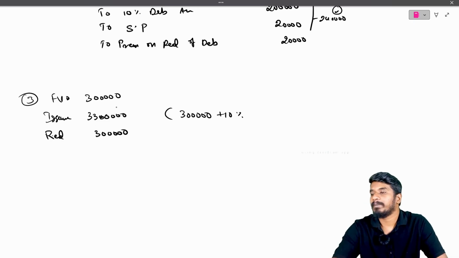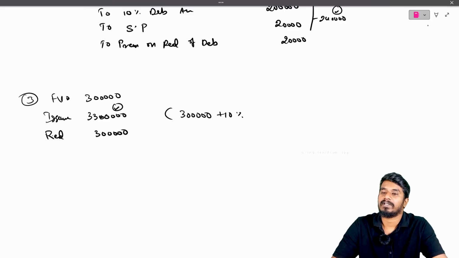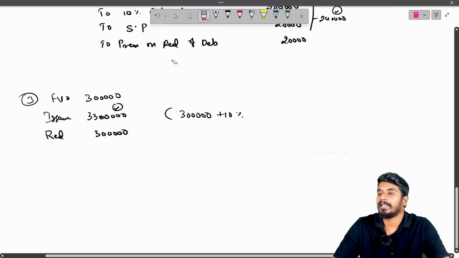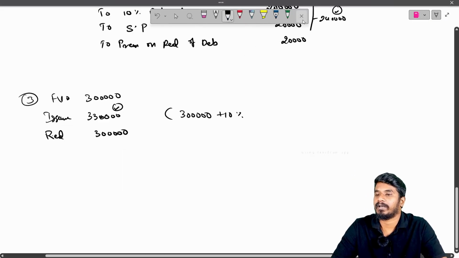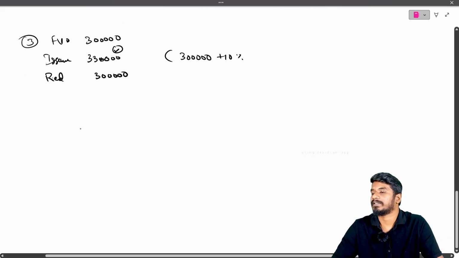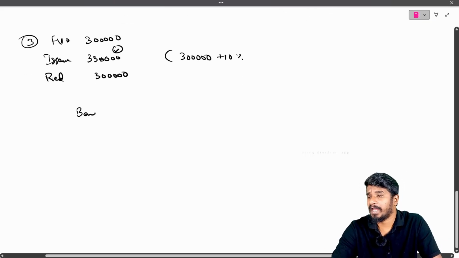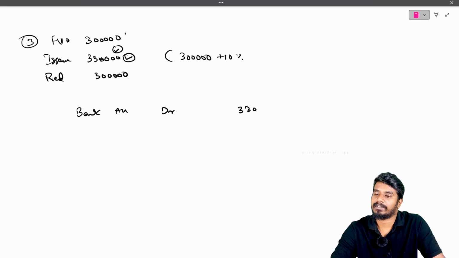Which means people will pay us 3,30,000, but we need to pay them back 3 lakh rupees. So we are getting an extra money of 30,000. Let us see how we can journalize. First entry, obviously the same: bank account will get debited for the issue value, that is 3,30,000 we will receive in the bank account.